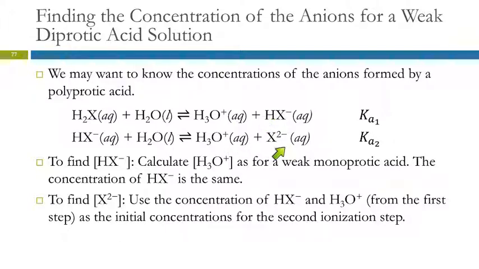If we want to know what this one is, then we have to do the second step like we did on that first problem that I ended up crossing out because that was not needed for the hydronium ion concentration in our final solution. But if we wanted to know what the fully dissociated anion was, then we would need to go there.